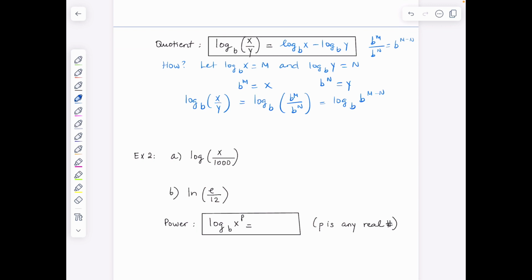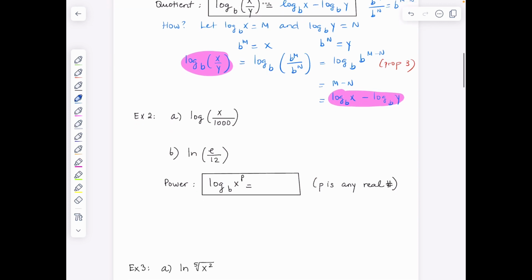And using property number 3 again, that will simplify down to m minus n. Again, property 3. And m was defined at the beginning as log base b of x, and n was log base b of y. So we just showed that log base b of x divided by y is equal to log base b of x minus log base b of y.